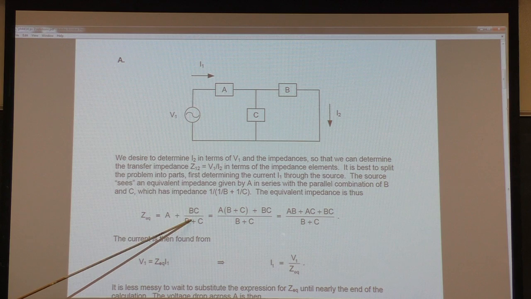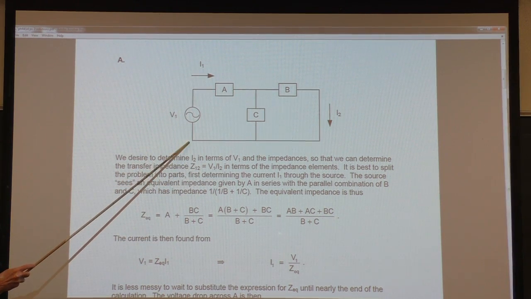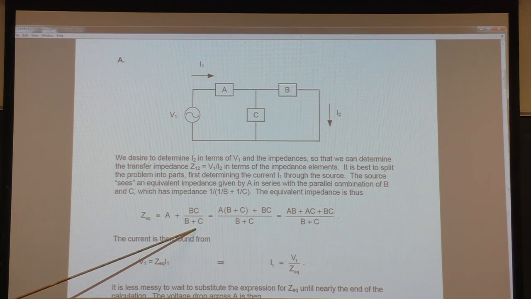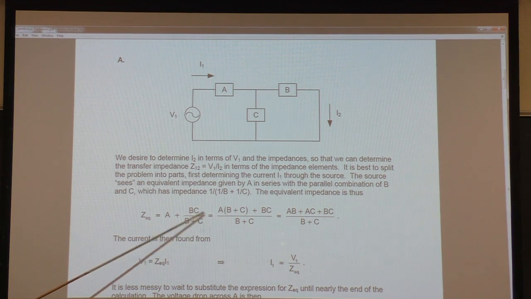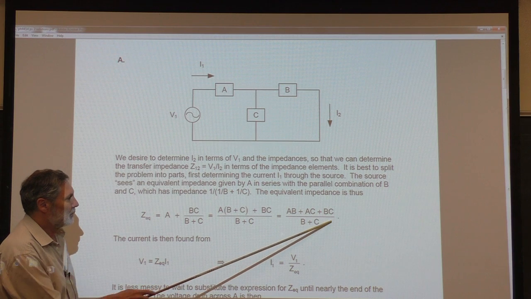So this is the equivalent impedance across these 2 points right here. The equivalent impedance across here, which is what the source sees, is just going to be the sum, so we get this. Now we can simplify this, put it under a common denominator. You can see I've multiplied by B plus C here, and we get this expression right here.